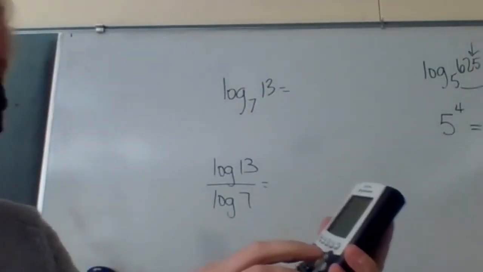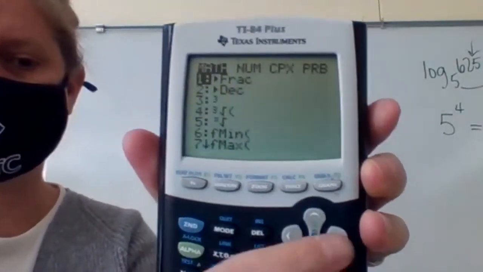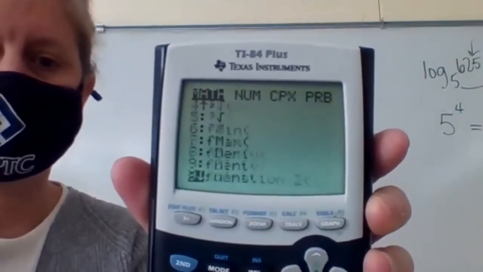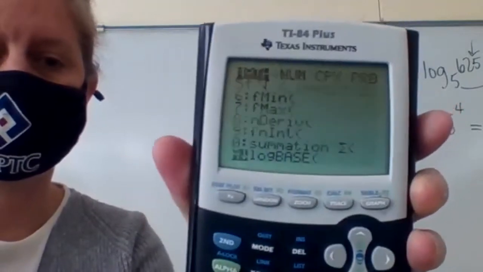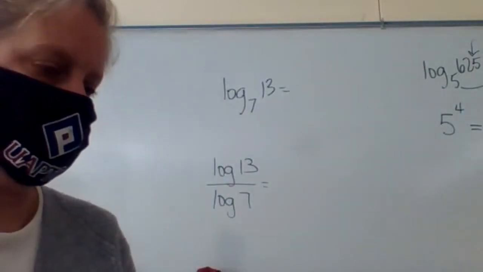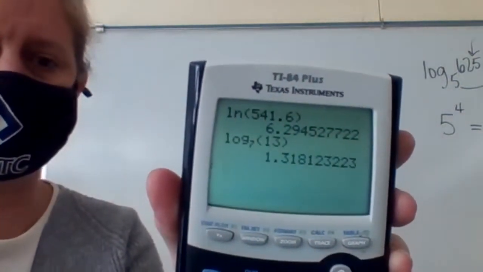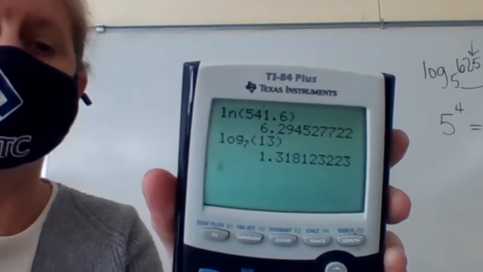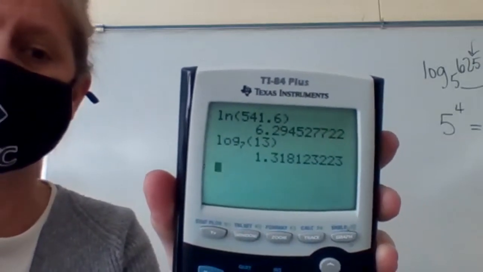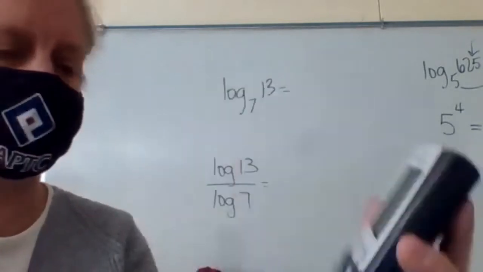So let's go to math, down to log base. Type in the numbers in the right spot. So log base 7 of 13 equals, or if I use my change of base formula, I can do log of 13 over log of 7.